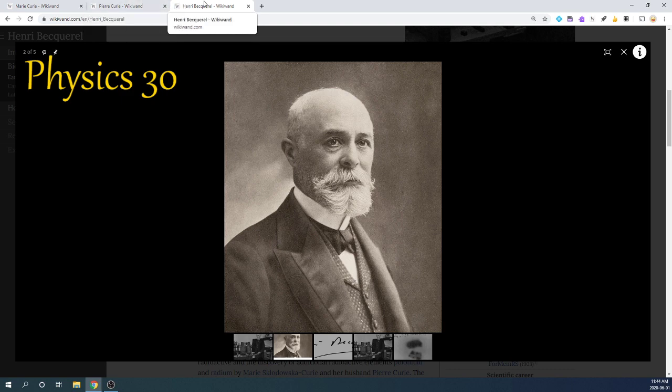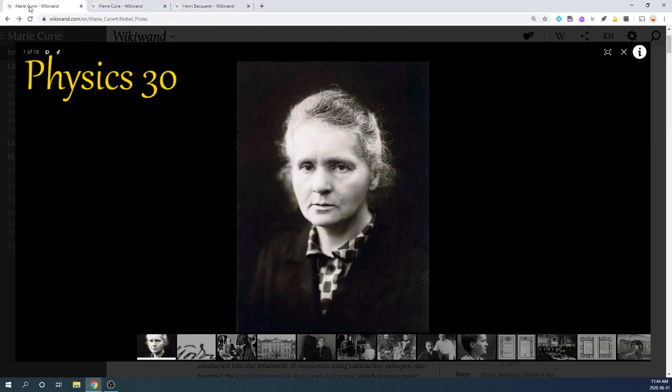Now, these three all won the Nobel Prize for their work in radiation and went on to further studies. I'll just note that these three certainly gave us a lot of insight into how atoms and elements work.